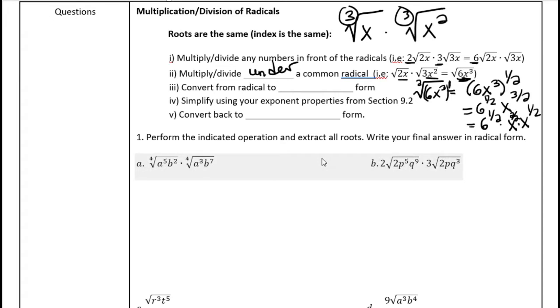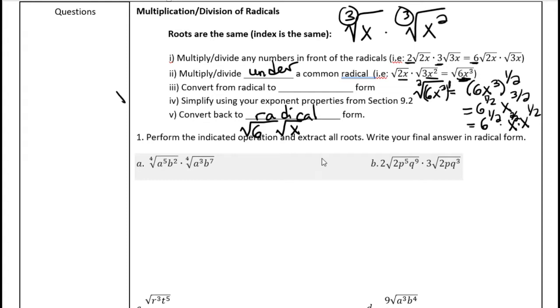All right, and then for the last step, convert it back to radical form. In this example, you would convert it back to the square root of 6, and then you still have the x to the 1/2, so that's the square root of x, and then you have x to the 2/2.